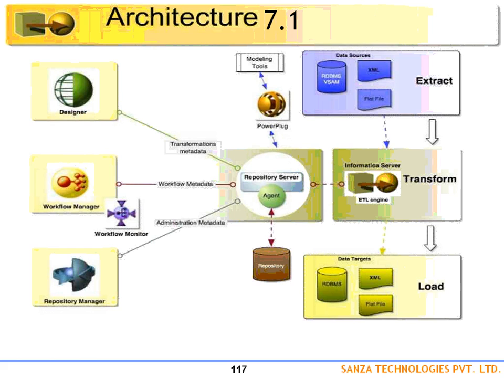A workflow may contain a single session or multiple sessions. Then the Informatica server picks that information, connects to the source, and extracts the complete data into the Informatica server. Row by row, it will process the data and load the data into the target.